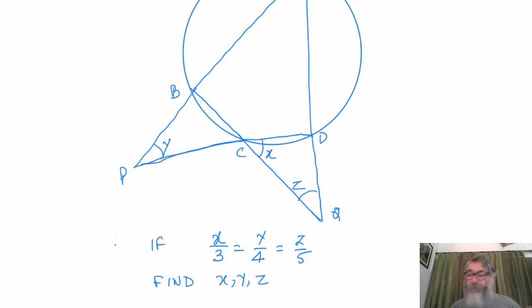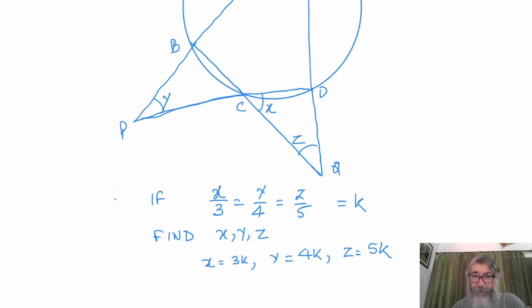Let me assume this is equal to K. That means X is equal to 3K, Y is equal to 4K and Z is equal to 5K.